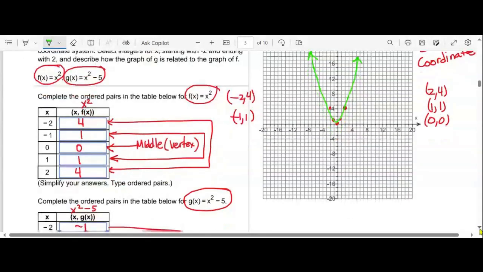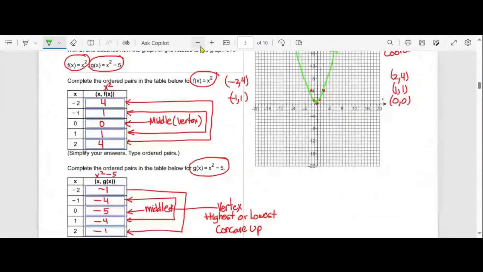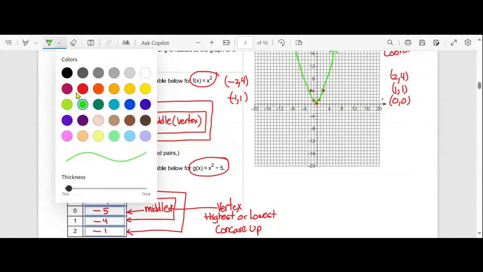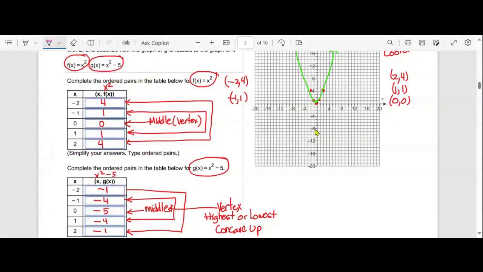For the second graph, we'll also put the points. Let's do it together with this color. The first point is 0, -5. The second point is -1, -4. Next, -2 and -1.